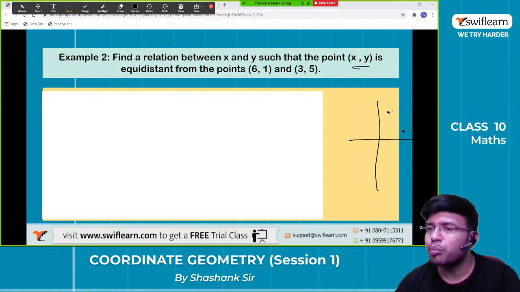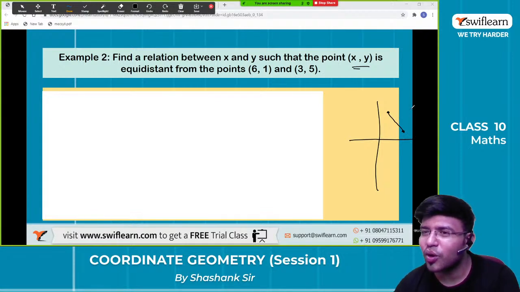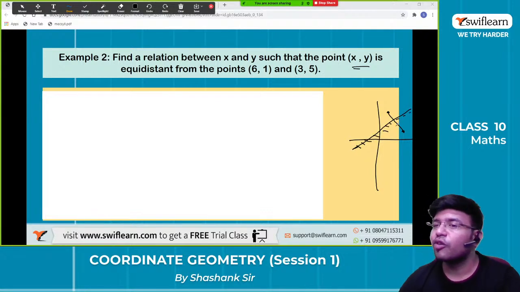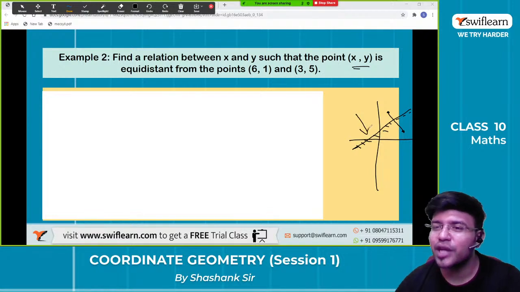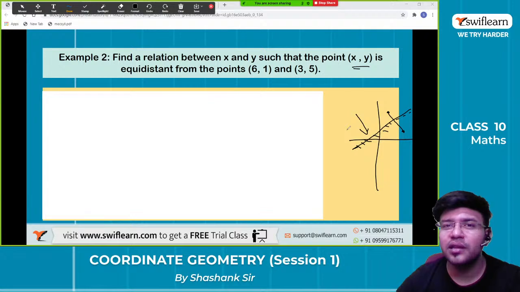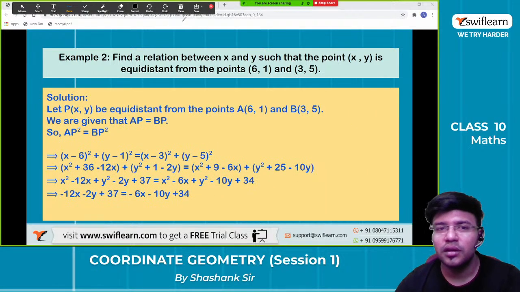Join these 2 points and draw the perpendicular bisector. All the points on this perpendicular bisector will be equidistant from these 2 points. This means we need to find the equation of this line.